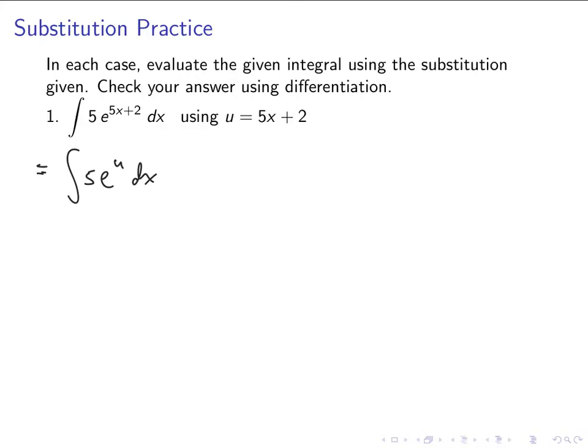So what we need to do is figure out the relationship between the dx that's in the original integral and a du that would be in an integral in terms of u. To get that relationship, it always comes from just taking the derivative of the u and x relationship. So in this case, du/dx equals 5. But we always want to write this as a relationship between differentials. The little du and dx things individually are called differentials.